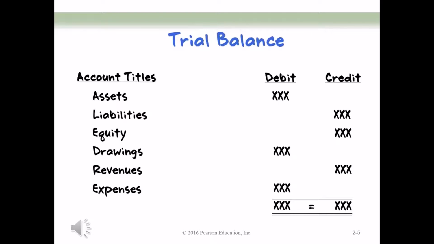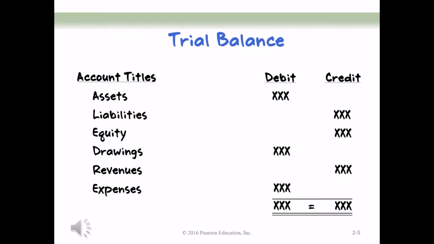We also have drawings, that is like owner's withdrawals, and we have revenues and expenses. So notice the normal account balances for all of these different account categories. The format of the trial balance must include all of these account categories in this order.